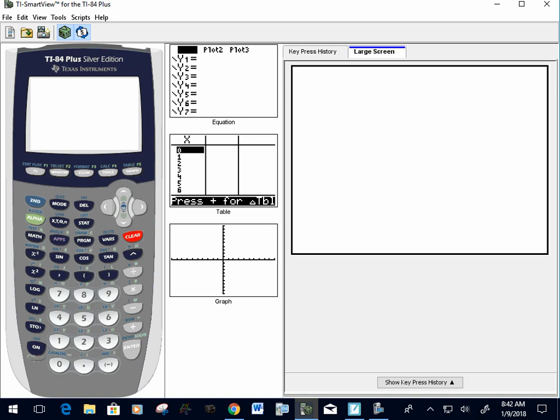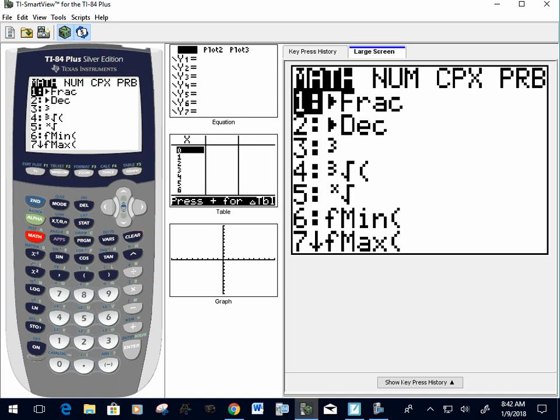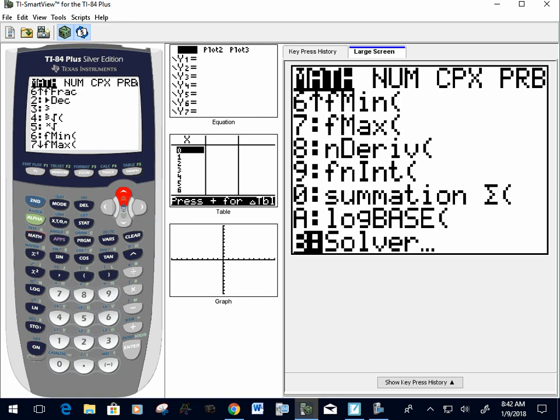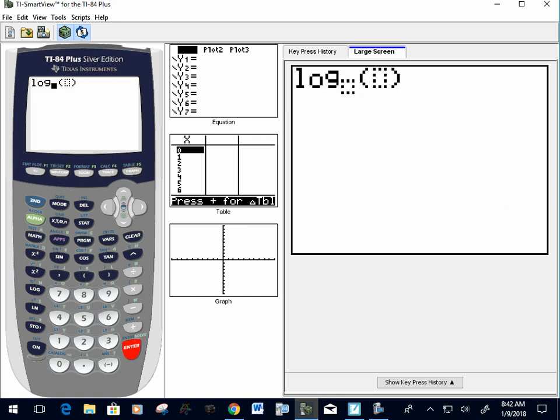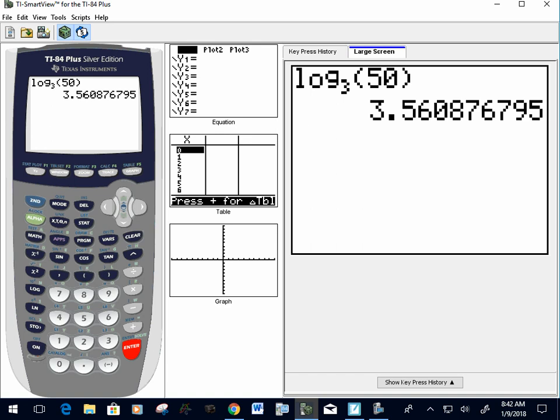Well, the calculator doesn't have one, but if you hit math, there is a menu option that will allow you to change the base. So I usually scroll up. You could scroll down, but scrolling up is faster because it's down by the bottom. And it's right here where it says log base. So if you hit enter there, it allows you to put in whichever base you want. So this will be log base 3 of 50, and then we can get the answer to that.